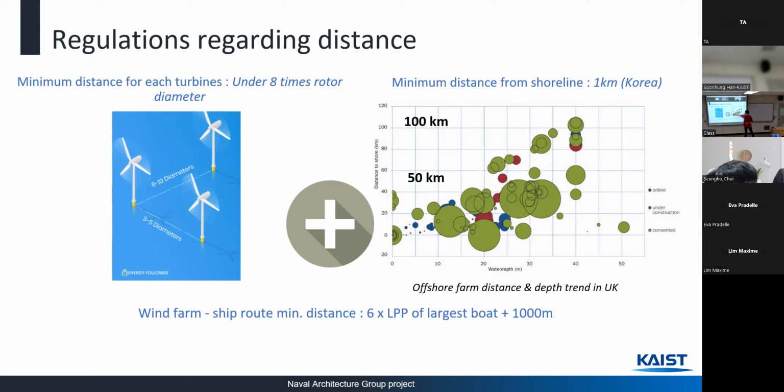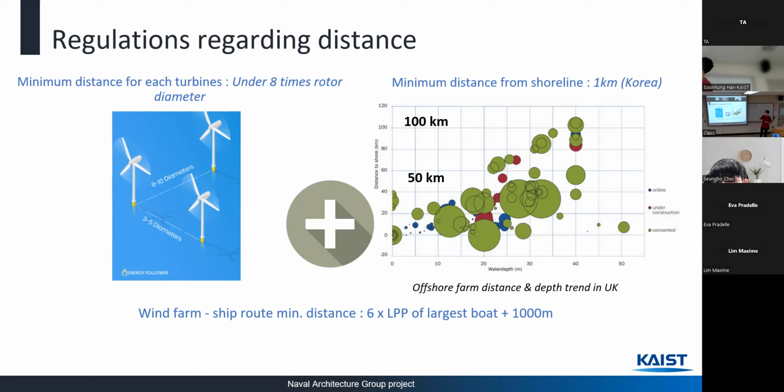And this graph is a regulation about the wind turbines. When we have two wind turbines, they have to follow some spacing regulation. In the direction of the wind, they have to be 6 to 10 times the diameter of the wind turbine away, and perpendicular to the wind, they have to be 3 to 5 times the diameter away from each other.